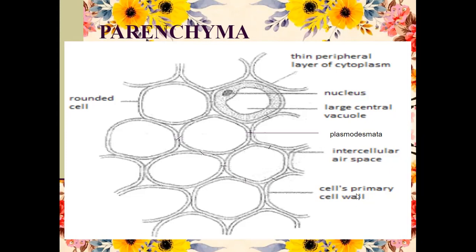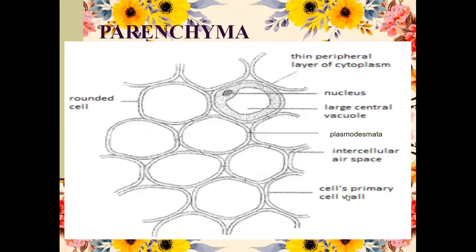The cell wall contains only the chemicals cellulose and hemicellulose, and it is elastic in nature. The cell wall is divided into two types, but the parenchyma cells are composed of only a primary cell wall. The primary cell wall is composed only of cellulose and hemicellulose.